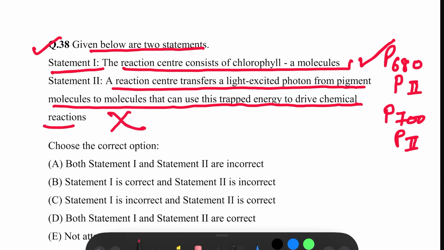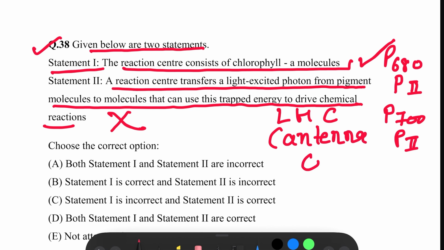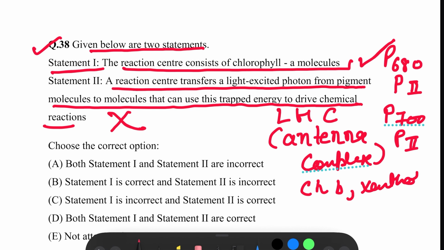It is wrong. Actually what happens, the light harvesting complex, which we also call the antenna complex, okay, it contains accessory pigments like chlorophyll b, xanthophyll, carotenoid etc. ये जो pigment हैं, these pigments absorb light.